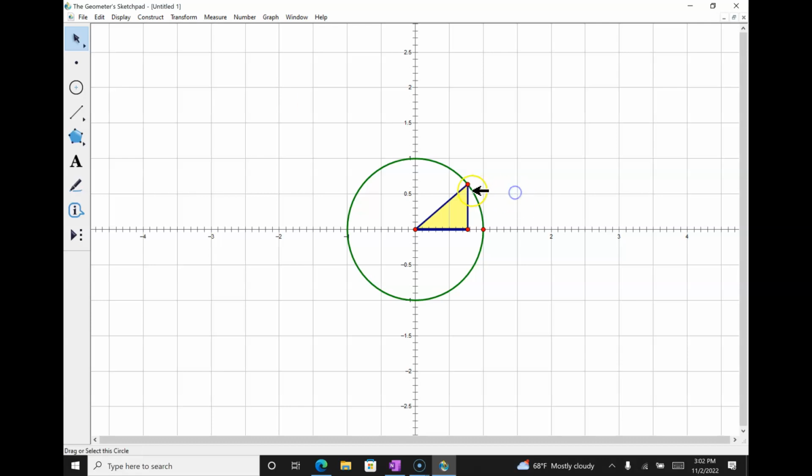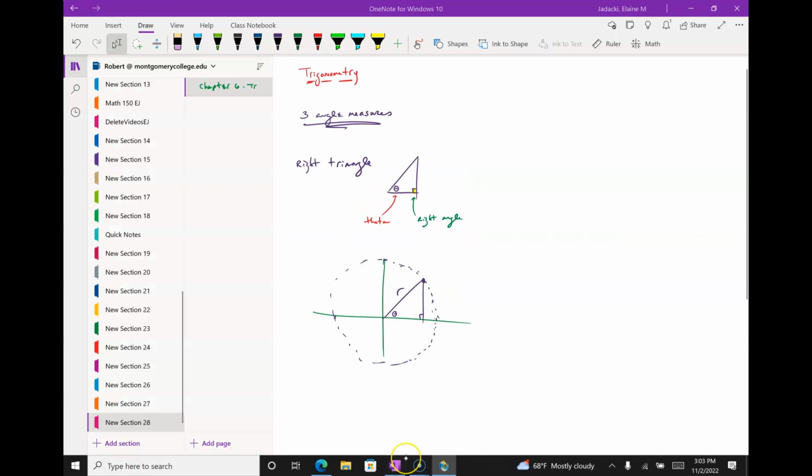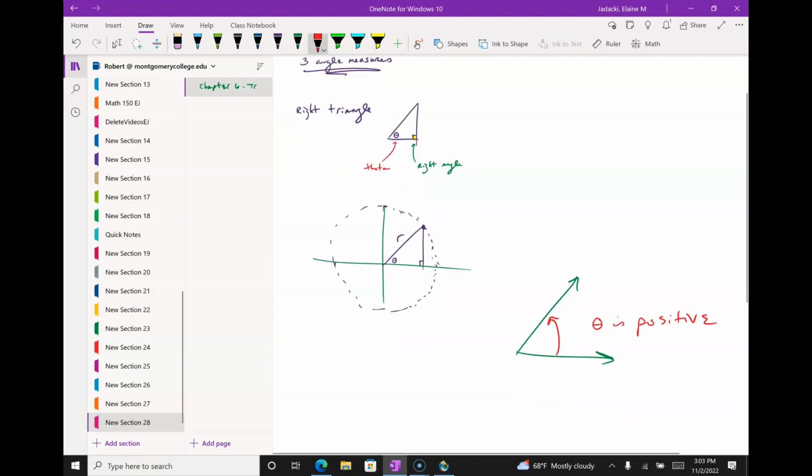When my angle opens this way, I'll say theta is positive. When it goes this way, I'll say theta is negative. So if I'm going around the circle clockwise, I have a positive angle. If I'm going around counterclockwise, I have a negative angle. So from my x-axis to my hypotenuse, I'll say theta is positive. It's just the angle, right?